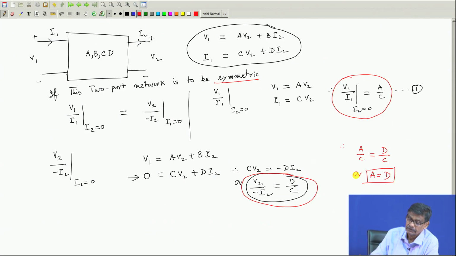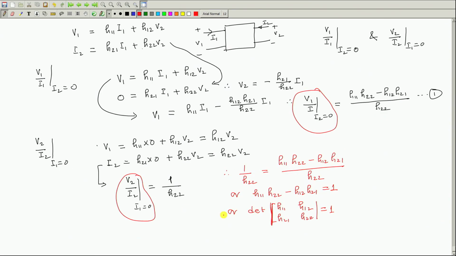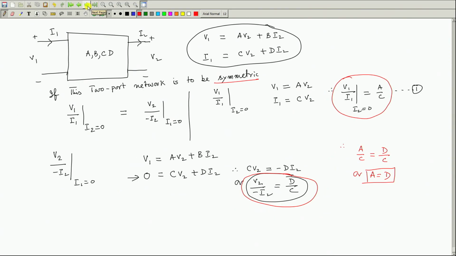So, for a two port network to be symmetric, if it is expressed in terms of impedance matrix, Z11 should be equal to Z22, Y11 should be equal to Y22, and if it is expressed in terms of H parameters, then the determinant of the H matrix should be equal to 1, and if it is expressed in terms of ABCD or T parameters, then A and D should be equal.